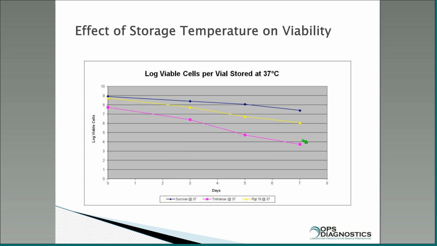You know, you're going from 10 to the 8th to basically 10 to the 4th, and the reagent 18, you're down a couple logs, and the sucrose, you're down about just a log. So that's over 7 days. So you can imagine that if you let this go for a year, things wouldn't look very good at the end of that time.